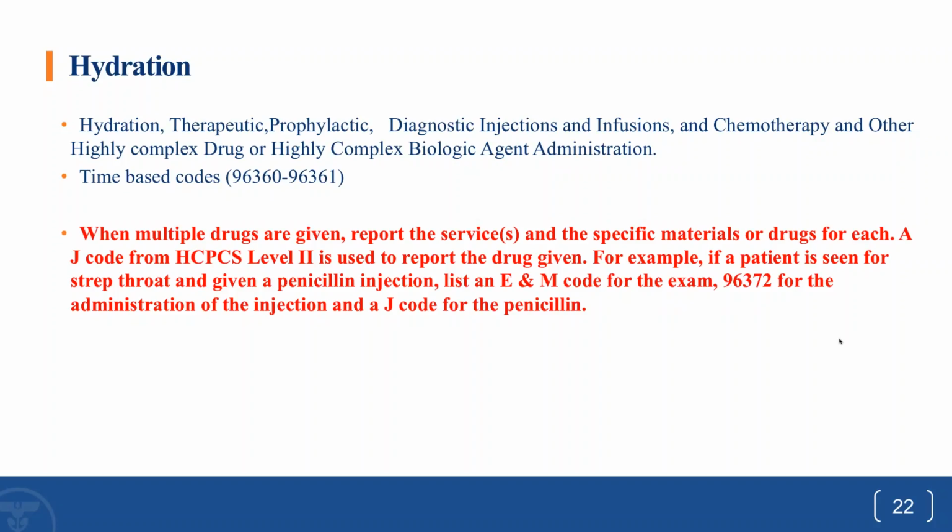Chemotherapy has its own set of codes. And they're time-based codes. So when you're coding for hydration and chemo, you're basically looking in your scenario to see the length of time. How long did this procedure take? Right? So just make sure you remember that.